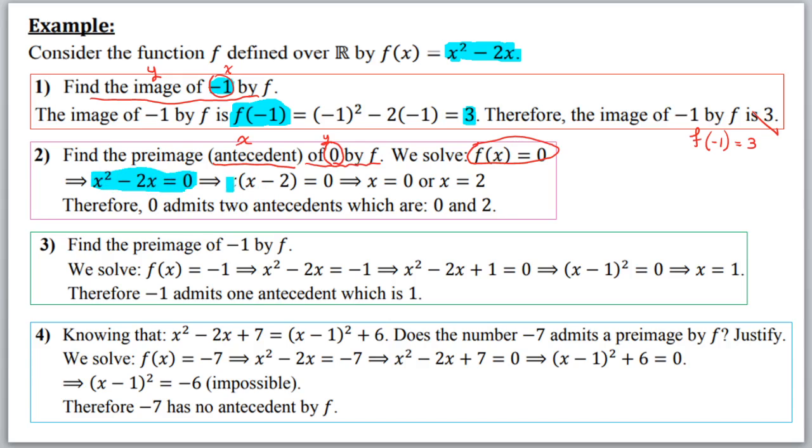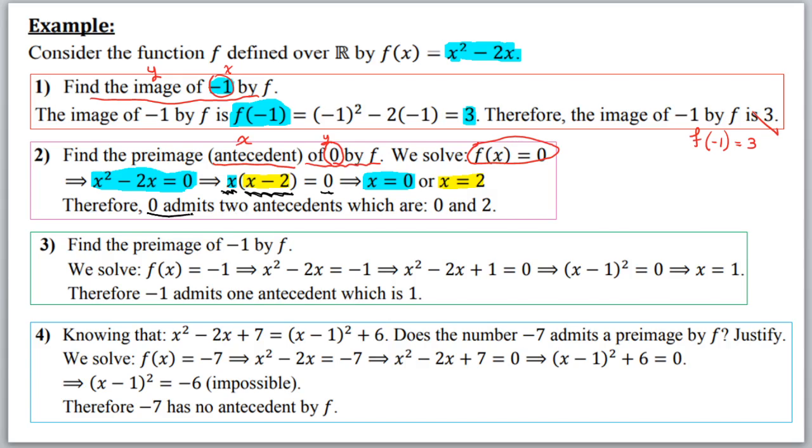Take x common, so we get x into x minus 2 equals 0, which means x equals 0, the first one, and x equals 2. Why? Because when I have x into x minus 2 equal to 0, this means either x equals 0 or x minus 2 equals 0, so either x equals 0 or x equals 2.